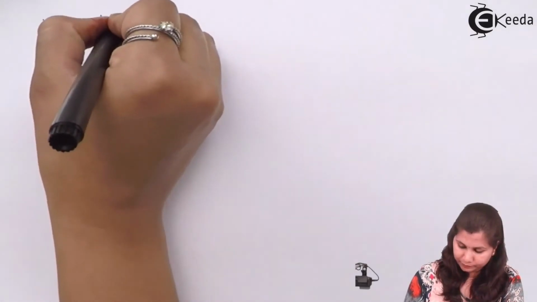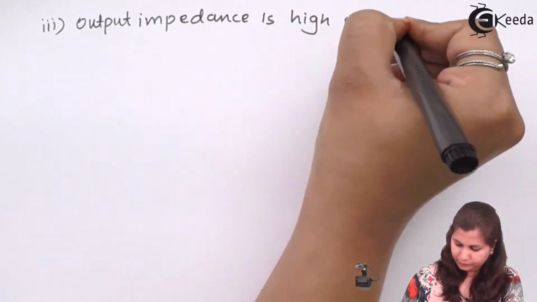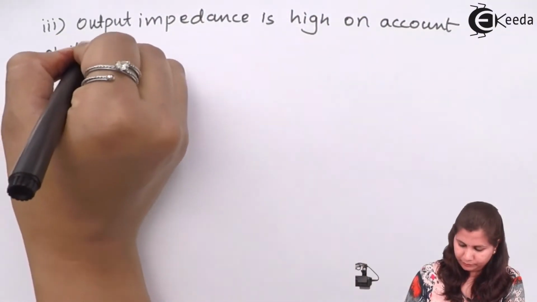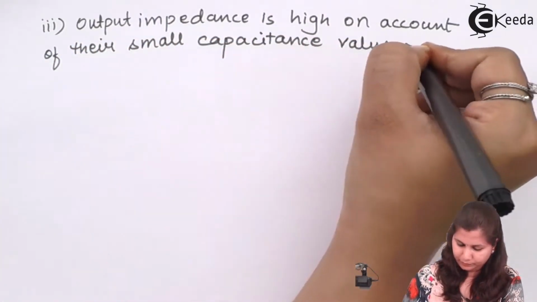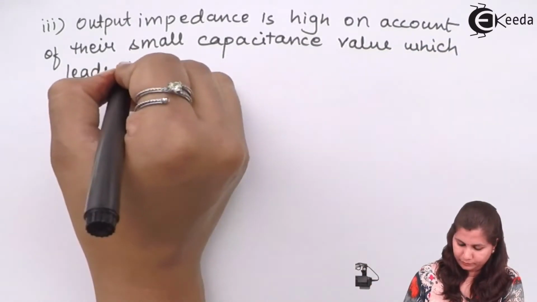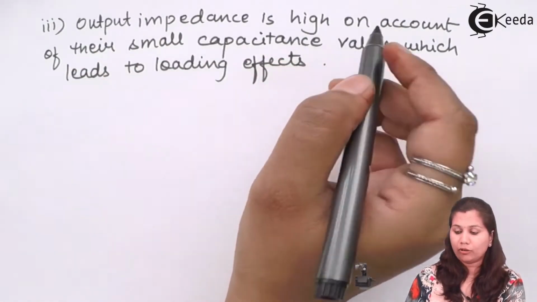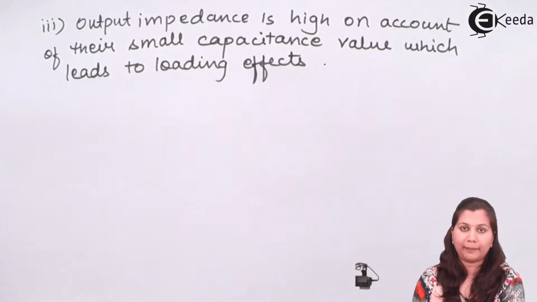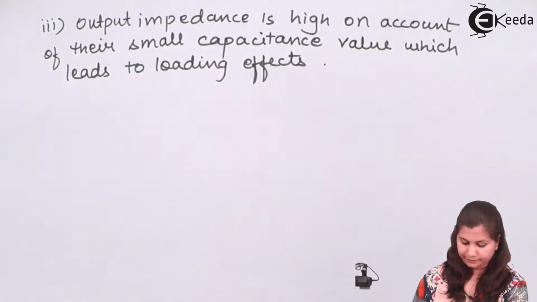So, due to the high output impedance, some loading effect is produced in the case of capacitive transducers. The output impedance is high on account of the small value of the capacitance of these transducers, and this leads to the loading effects.